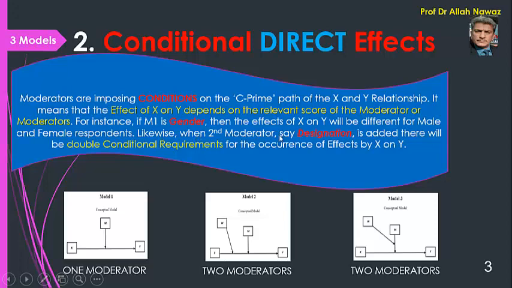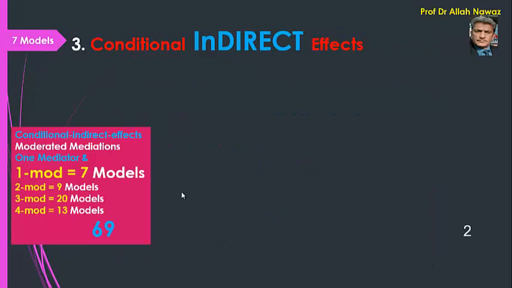Likewise, when a second moderator, for example designation, is added in the process, there will be double conditional requirements for the occurrence of effects by X on Y. So there are 3 models for computing conditional direct effects, and these 3 also create 3 effects, unlike the previous set of models, model 4 and 6, which create around 13 effects using only 2 models. So we go to the third category, that is conditional indirect effect.